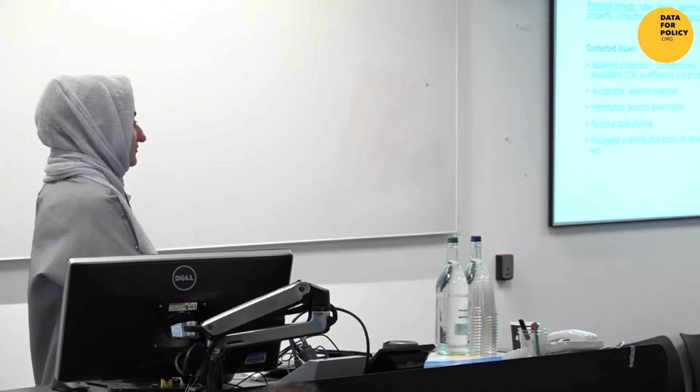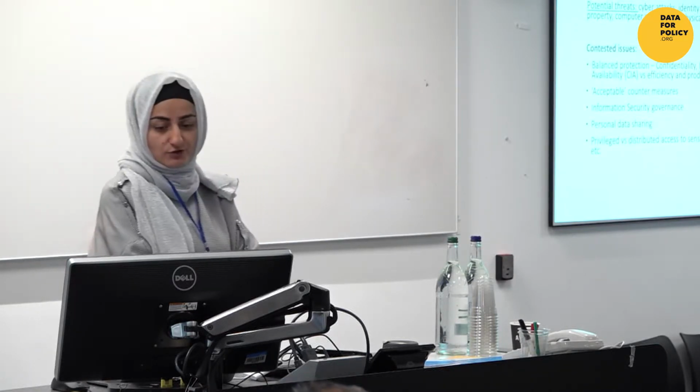What are we trying to protect, and how does it affect innovation? How do we decide who has access to our data? For example, should it be privileged, should government have priority to see all this data? Or if it's going to be distributed, how do we manage that process? How do we decide that?